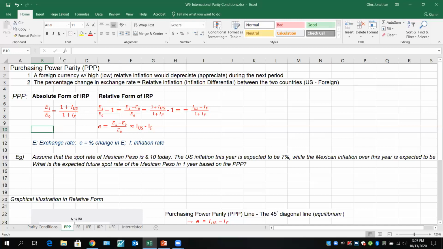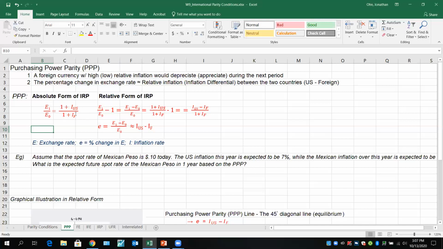I told you the foreign currency with high inflation would depreciate, meaning here, if the foreign inflation, IF, is high, then the exchange rate for that country should go down, depreciate.